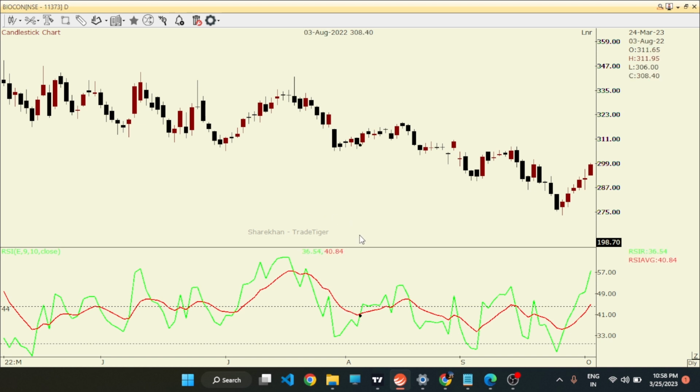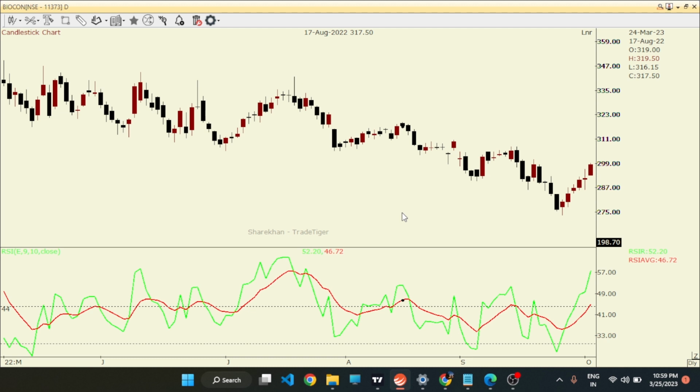Then it gave another entry on 4th August. Candle closing was 314, low 308. 6 points will be your stop loss and 12 points will be our target after the entry. 326 will be our target, and it made a high of 319.